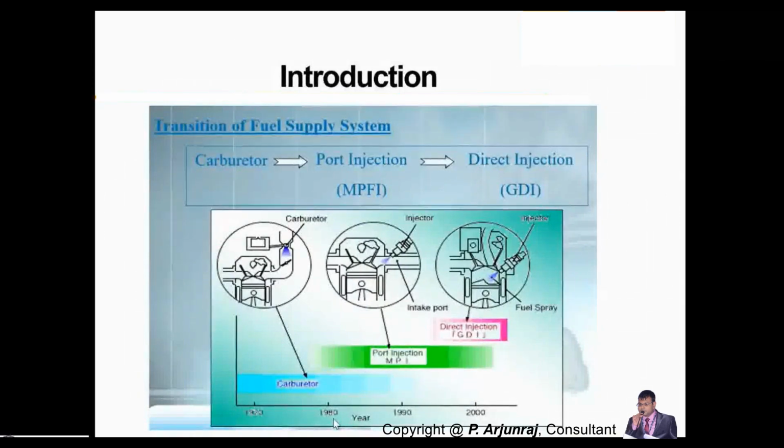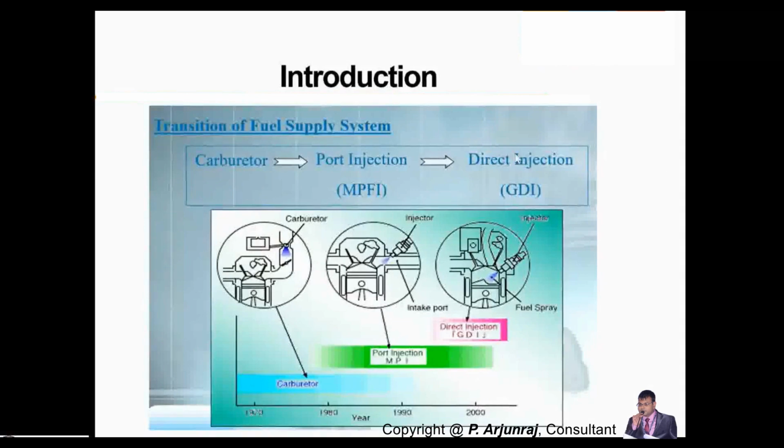In the earlier days, before the 1980s, we used a carburetor. We didn't use an injection system. But now we are going for the injection system. Around the year 2000, every OEM went with a multi-point fuel injection system over the carburetor, and even up to 2010 and 2015, many companies still followed MPFI.